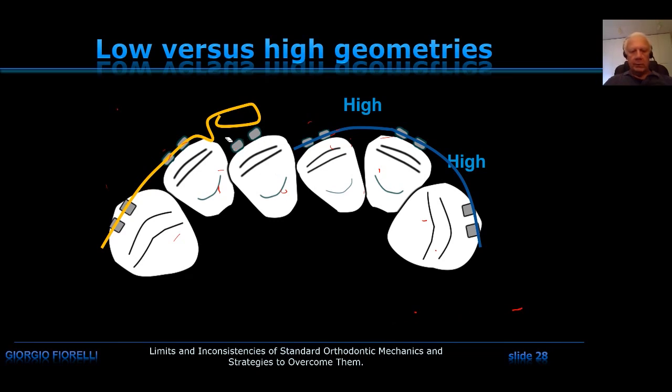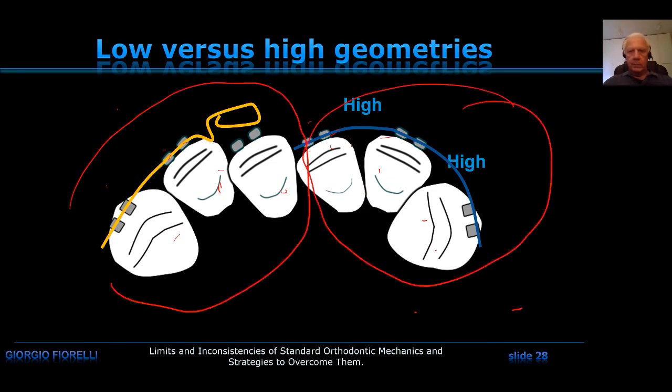So actually you understand very well that here you have two grips, 1 and 2. And if you are using cantilevers coming from the molar, and these cantilevers are applied at the same time on the two grips, lots of space is opening here.